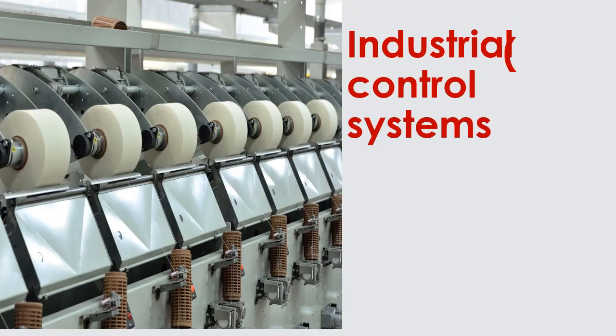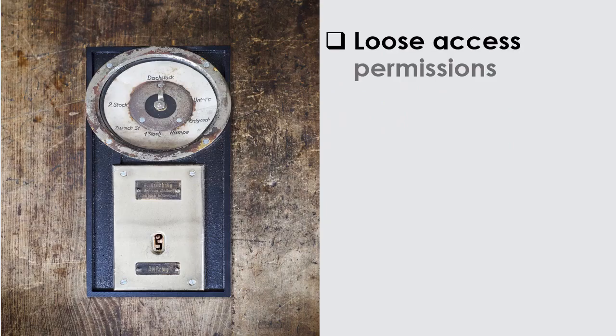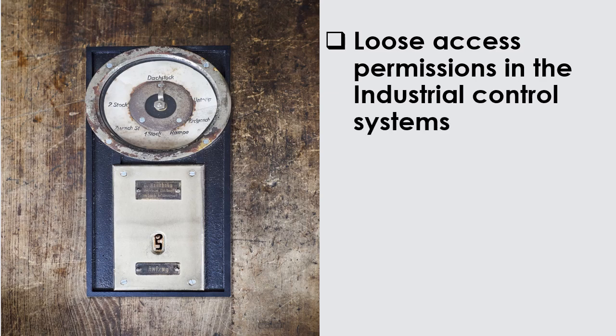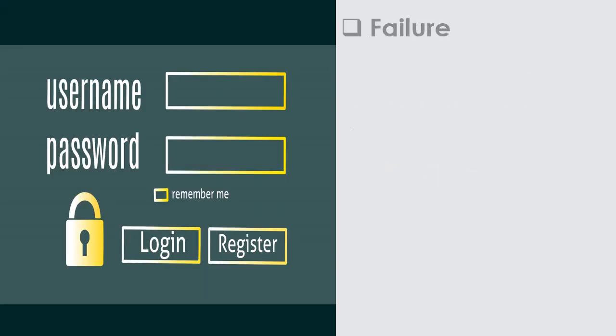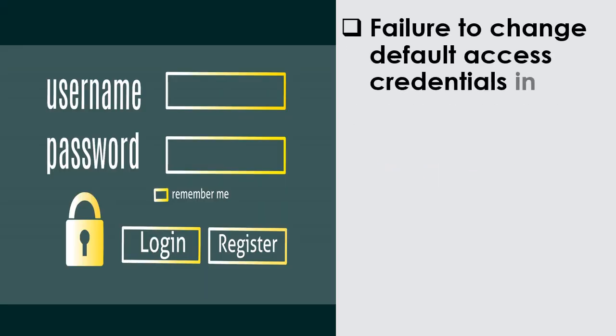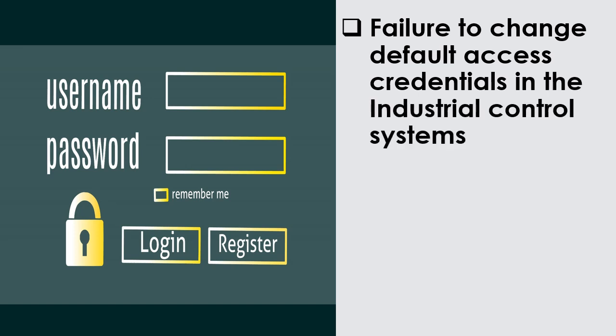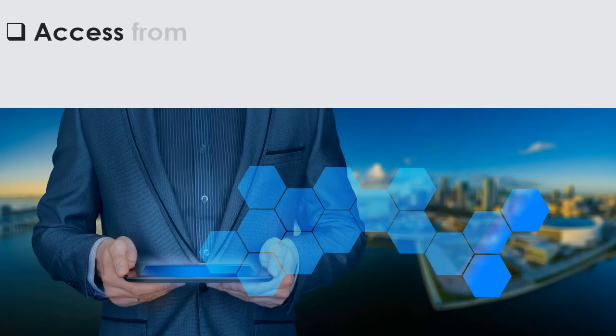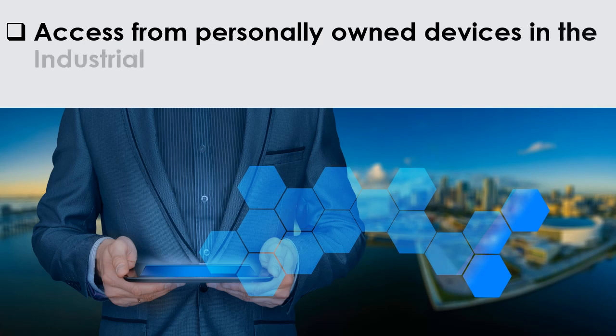Industrial control systems, ICS. Loose access permissions in the industrial control systems. Failure to change default access credentials in the industrial control systems. Access from personally owned devices in the industrial control systems.